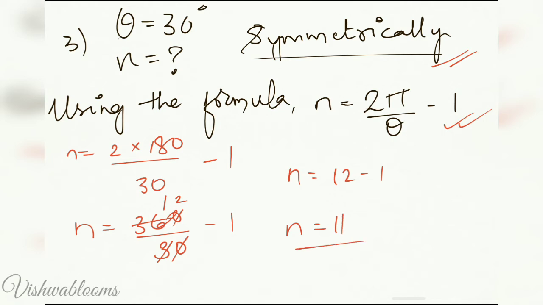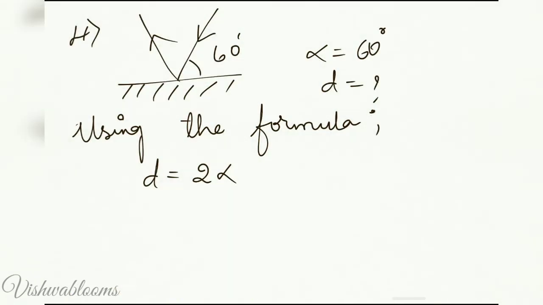So the option is C. Okay, next, the fourth one: calculate the deviation suffered by a ray which is incident on a plane horizontal mirror at 60 degrees. So we are considering alpha as 60 degrees, and what is the angle of deviation?